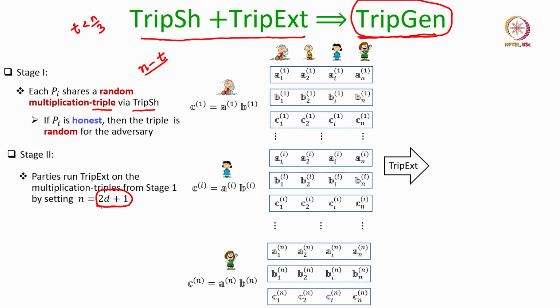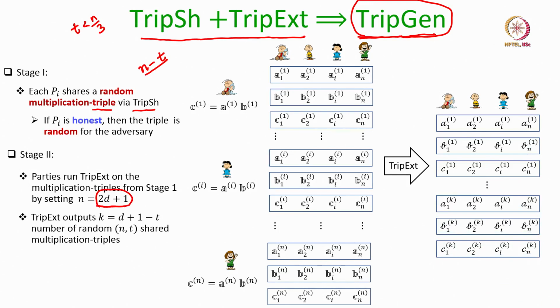If we apply the triple extraction procedure, it guarantees that at the end of stage 2 there are d plus 1 minus t random multiplication triples, none of which is known to the adversary, and all those multiplication triplets are randomly secret shared through t degree sharing polynomials.